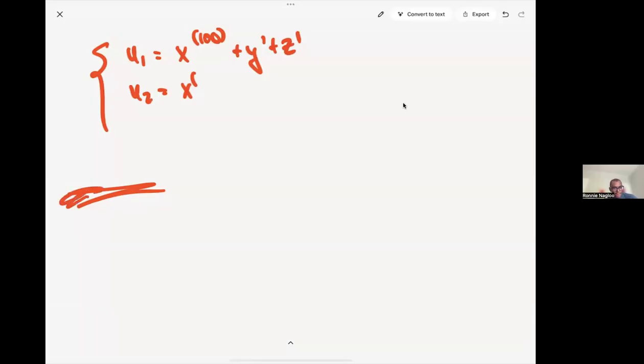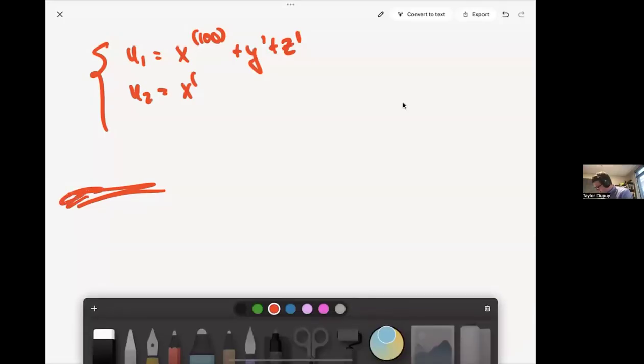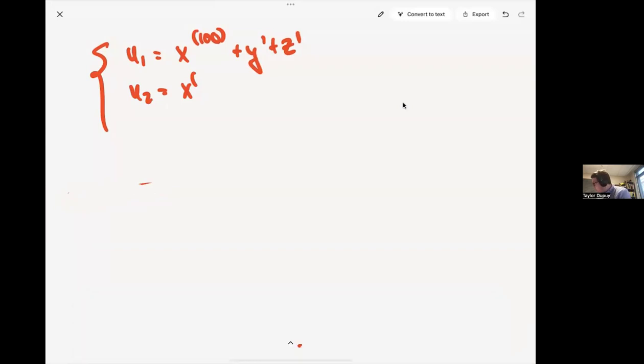Okay, so I was writing. Let me write this equation down. So where is it? Oh, here it is. So x to the 50 plus y plus z, u3 is equal to x prime plus y prime plus 1.